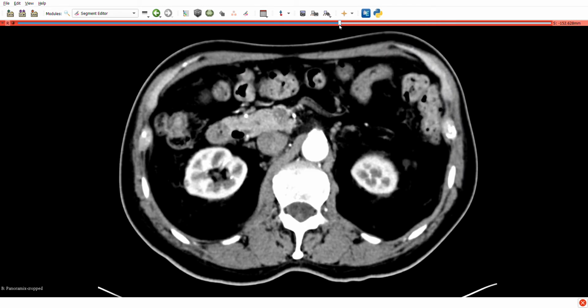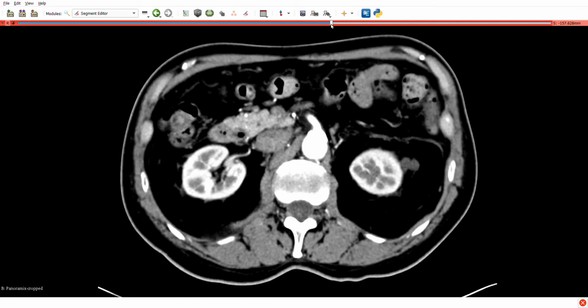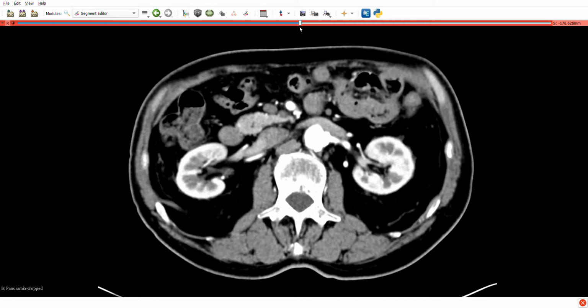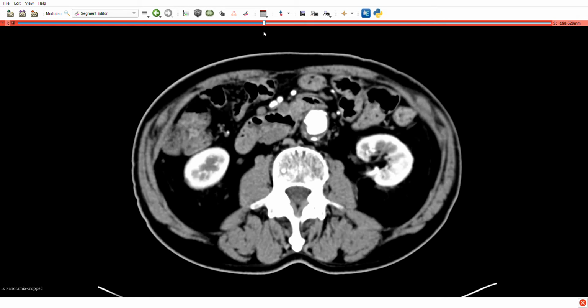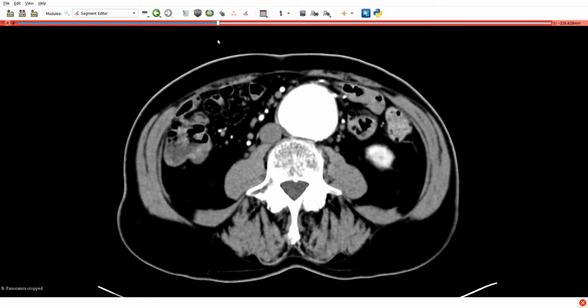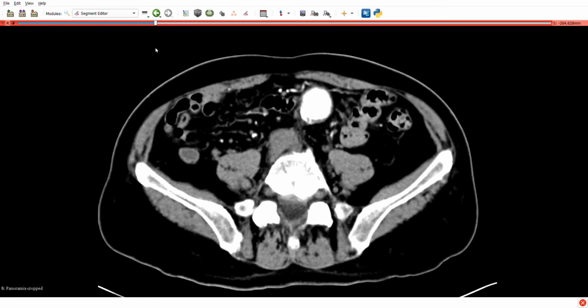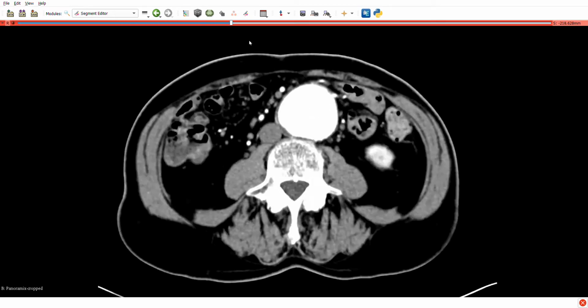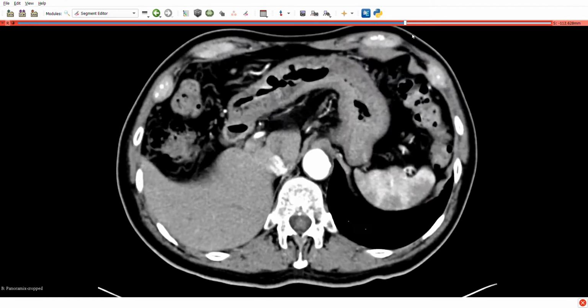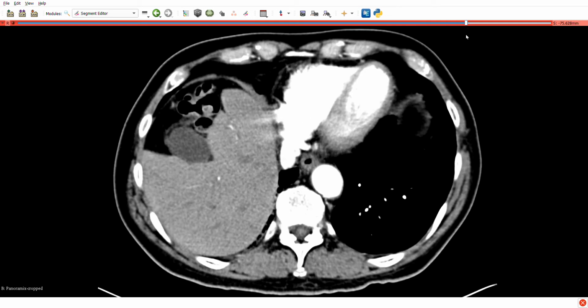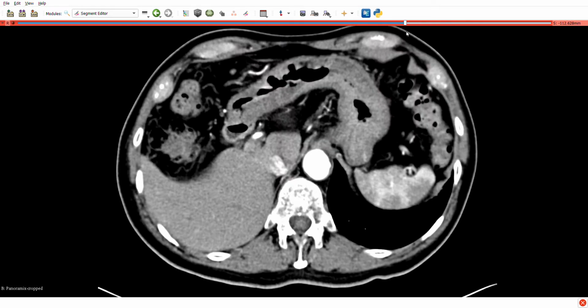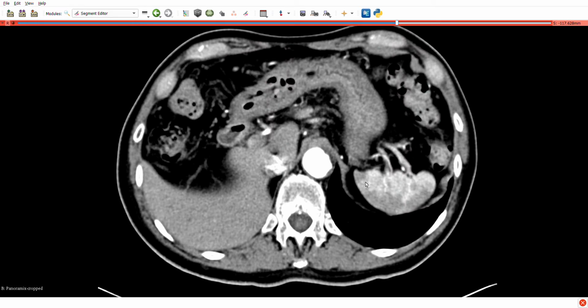So here's the descending colon going down towards the pelvis, and ultimately we'll see that descending colon entering the pelvis and becoming the sigmoid. So we've identified the liver on the right with the gallbladder, and we've identified the spleen on the left hand side.